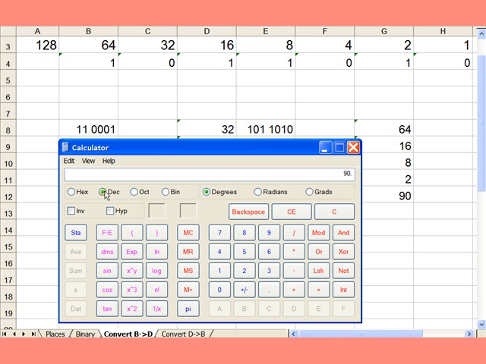Okay, what we're going to look at now is an easy way for you to convert from decimal numbers to binary numbers. So in this exercise we've gone from binary numbers to their decimal equivalent, and we're going to have to go backwards. If we have a decimal number, what is the binary number?